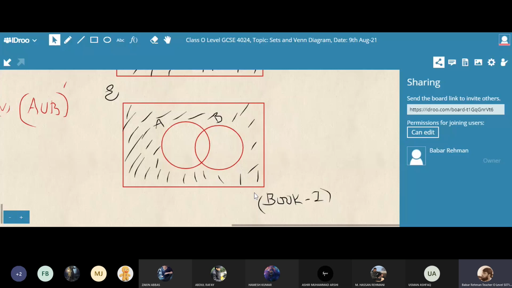What does it mean? All the elements in the universal set excluding A and B, the union of A and B elements. Okay. Have you done this one?